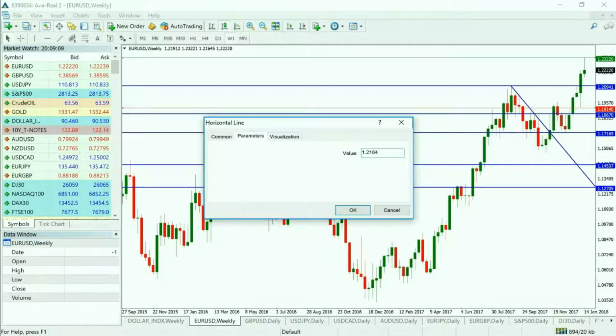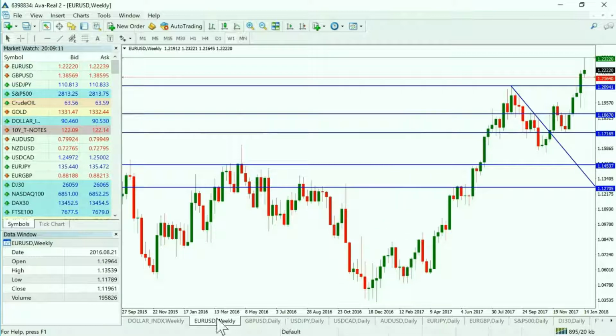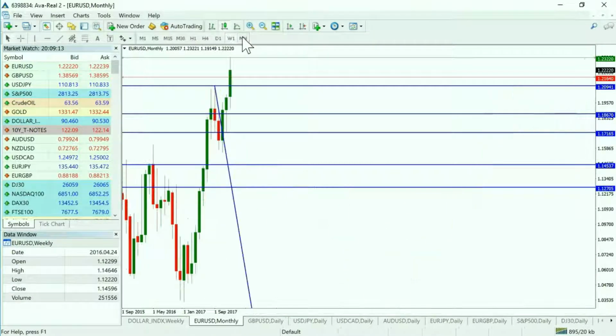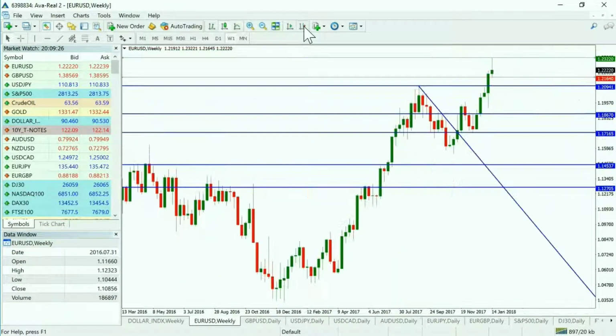So that is effectively the levels. And as you can see, we're getting a bit of a pullback off these highs, but you would expect continuation for the time being in the euro dollar. So we'll keep an eye on those levels throughout the week and see what happens.